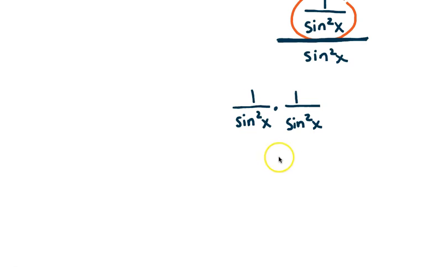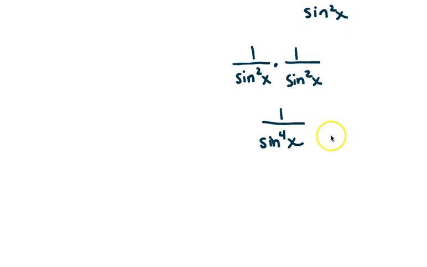So what do we get? That would be 1 over sine to the 4th x. Okay. And now I can't cancel anything else out with it written the way it is. So now I can rewrite it as its simplest form, which would be cosecant to the 4th x.